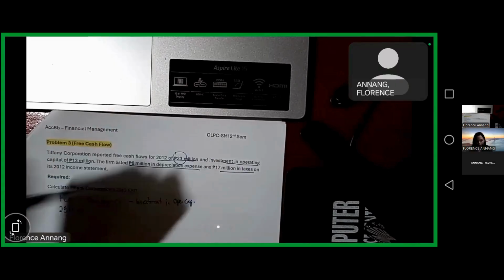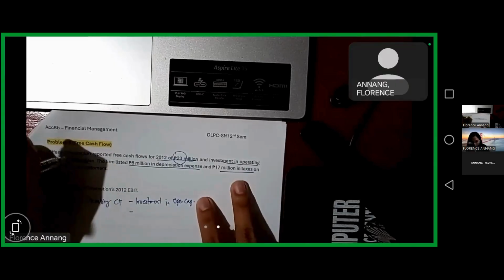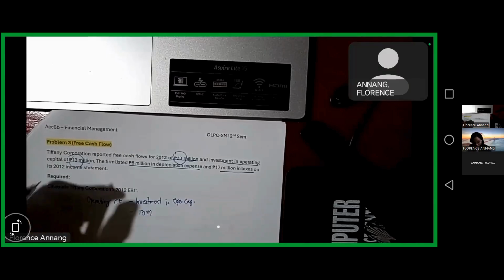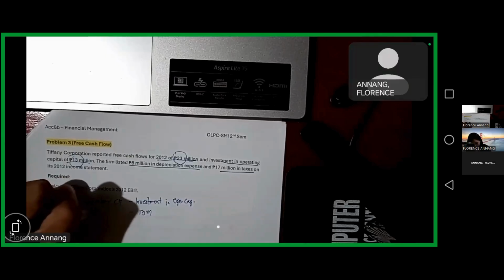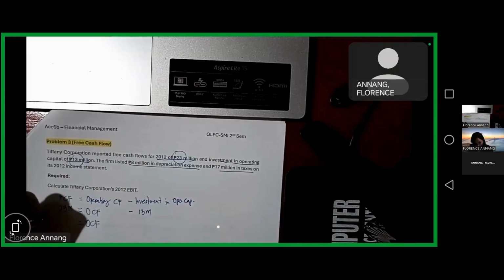Meron din tayong investment in operating capital na 13 million. So, how much is our operating cash flows? Very easy. You just need to transpose 23M plus 13M. You get 36 million operating cash flow.